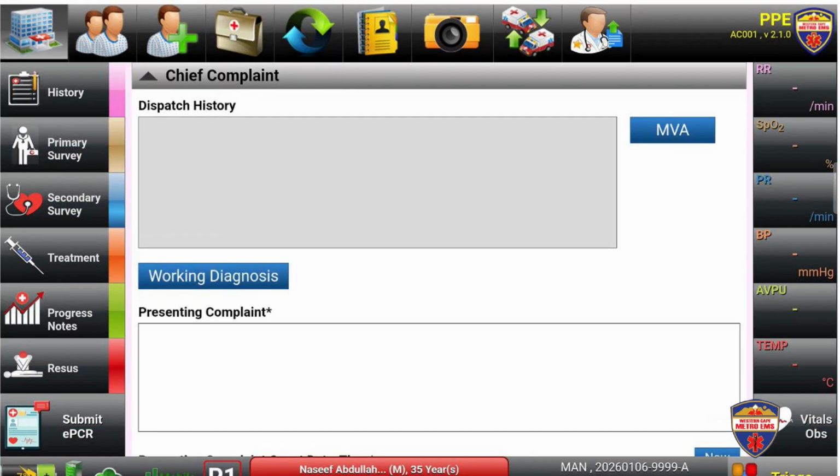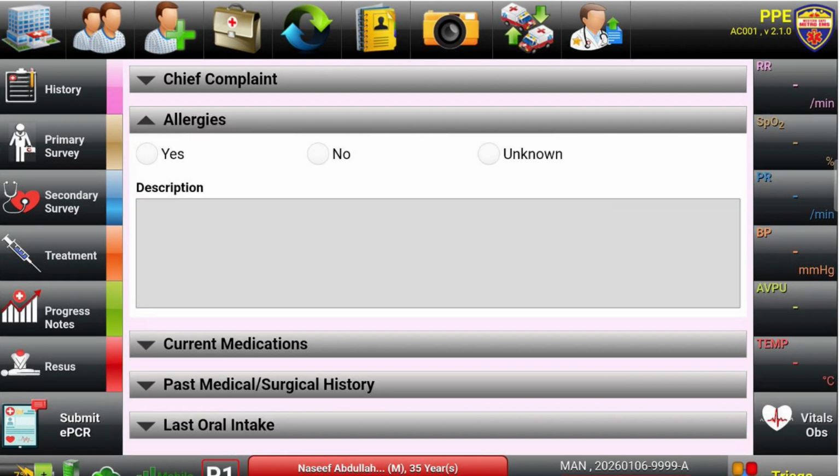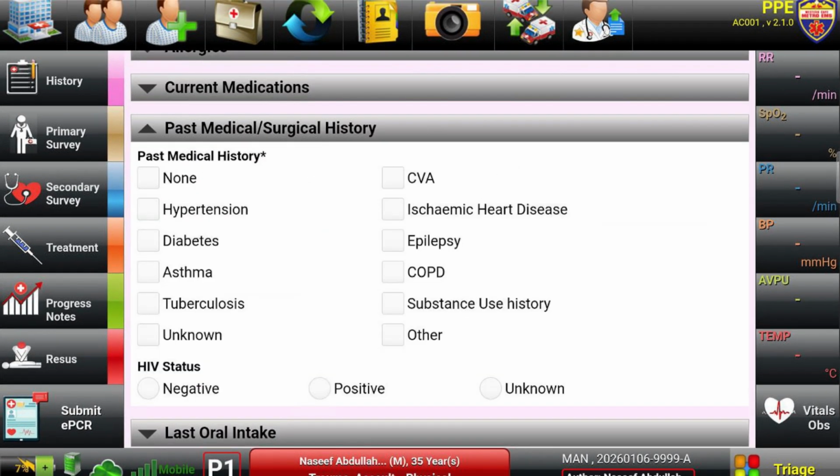Moving on to the patient history tab on the left-hand side, there is a list of information required under each label. These labels are chief complaint, allergies, current medication, past medical history, and last oral intake.